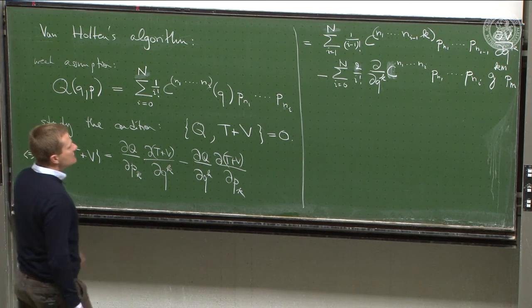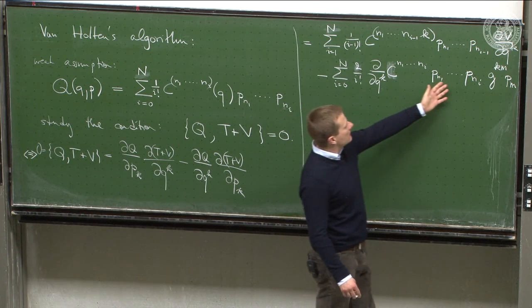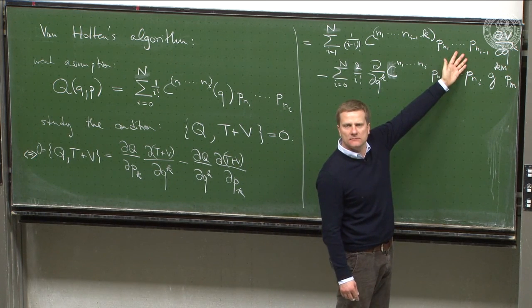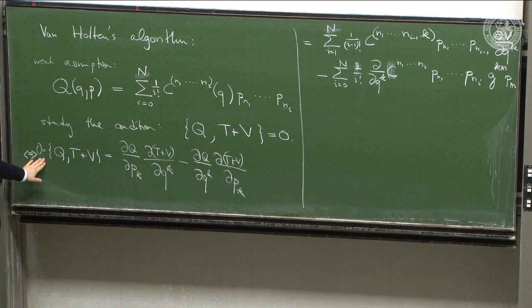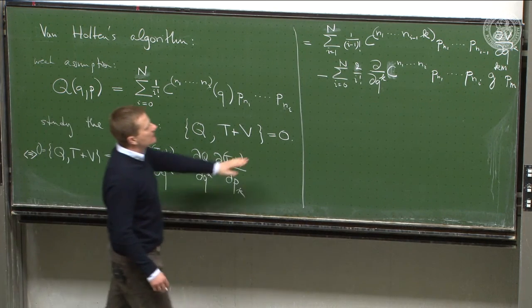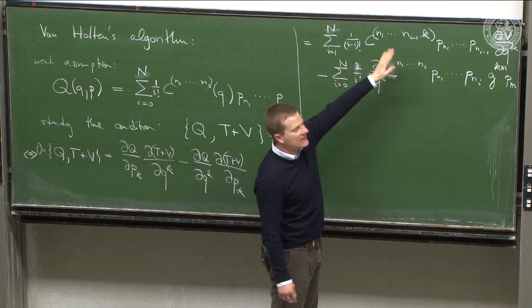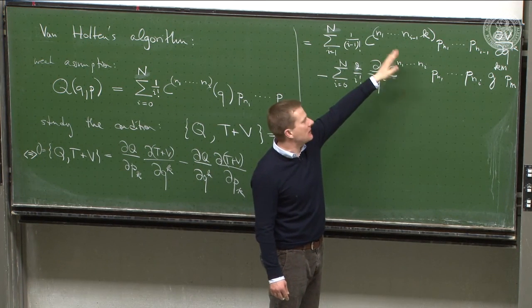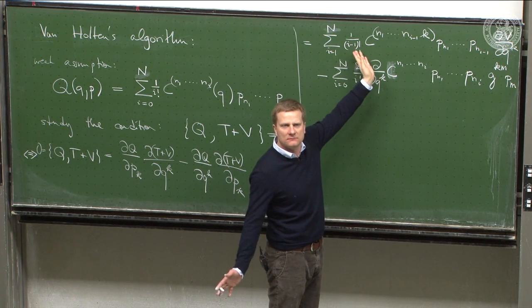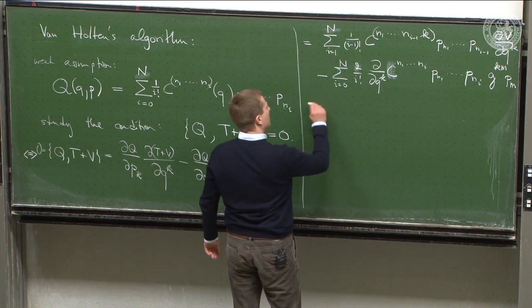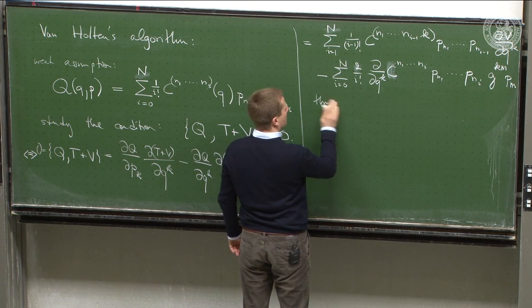Now, this is, of course, polynomial in the p's again, and it's supposed to equal 0, meaning we can now look at every order in P and must have any order in P vanish separately. That's also clear.